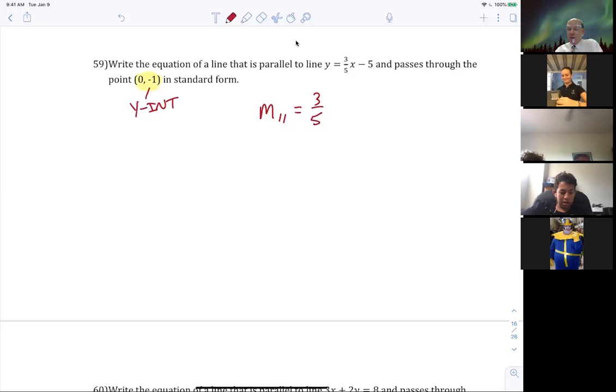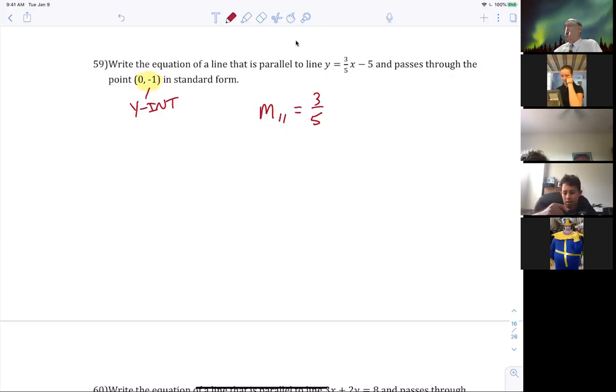All right, so now we should write it in slope-intercept form first. Morty, write it in slope-intercept form. Is not an answer. How's it feel? Go.